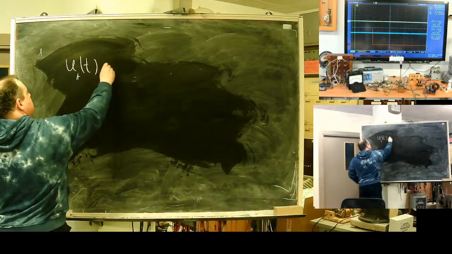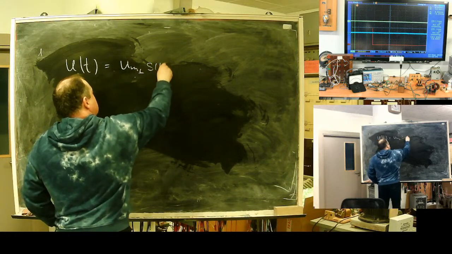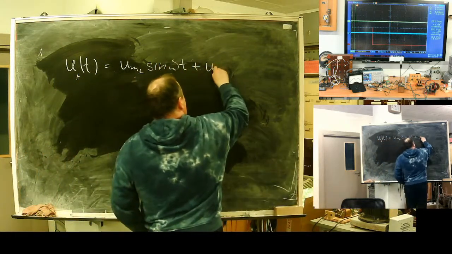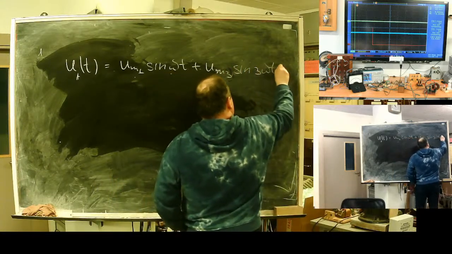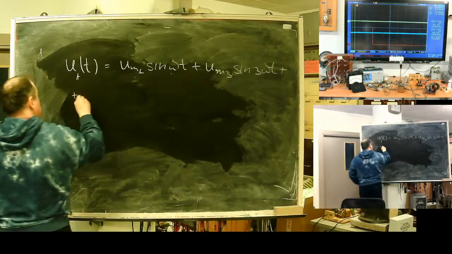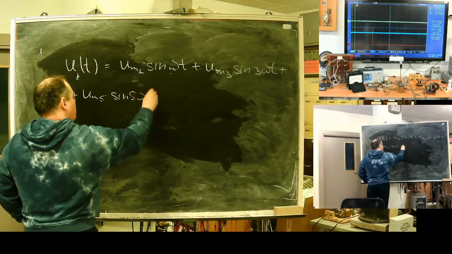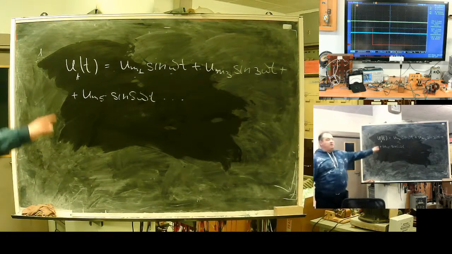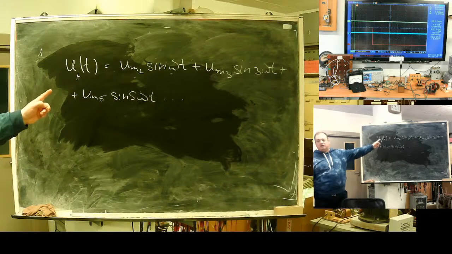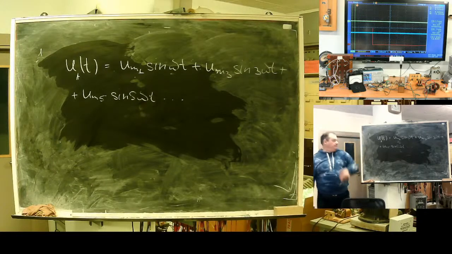Let's say A phase will be first sine omega t plus some amount of third, sine 3 omega t, plus fifth, sine 5 omega t, and so on. Why am I missing even harmonics? Second, fourth, and so on. Because of symmetry. You can check it with simple trigonometry.